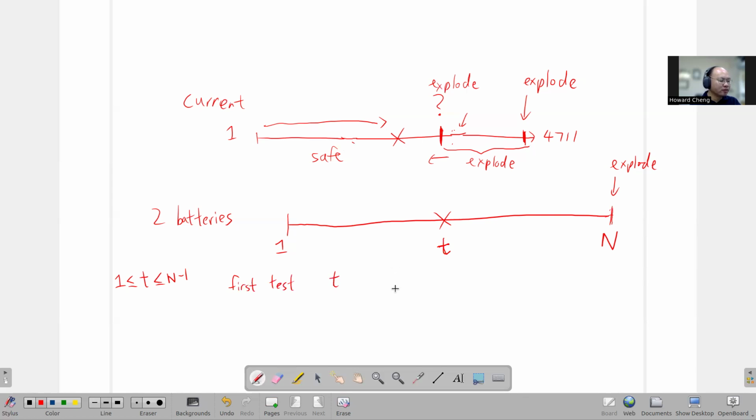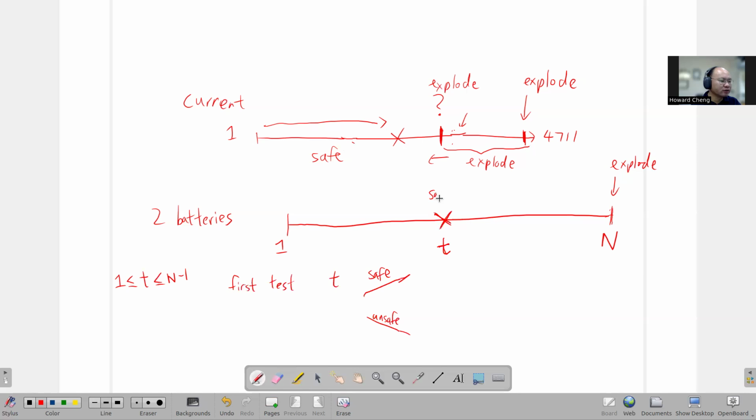Now, there are two different possibilities. Maybe T is safe and maybe T is unsafe, because I don't know where the answer is. It could be either side. So let's see what happens. If T is safe, that means I still have two batteries left.